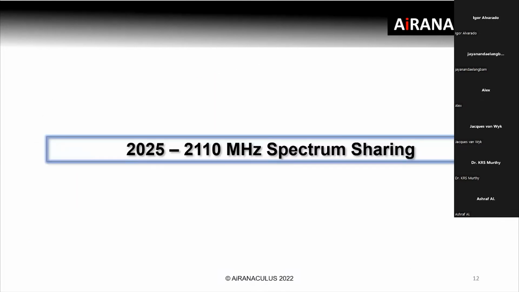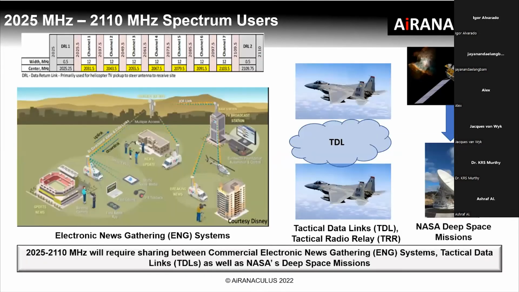So another example is the 2025 to 2110 megahertz spectrum sharing from within the National Spectrum Consortium. We are just about to complete the draft specification on the recommended practice for spectrum sharing in that band. This band is interesting because this band is used by the electronic news gathering operators. So whenever the news happens, you always see these news gathering vans.